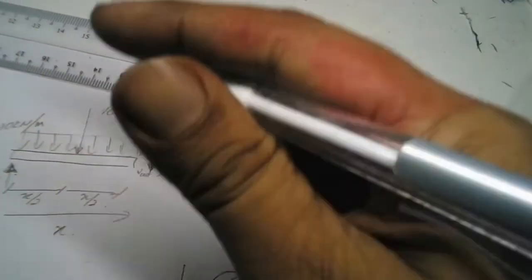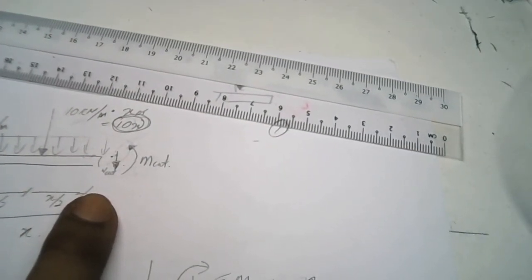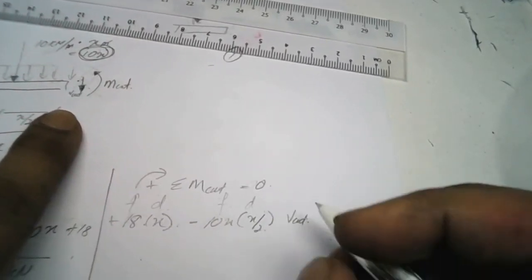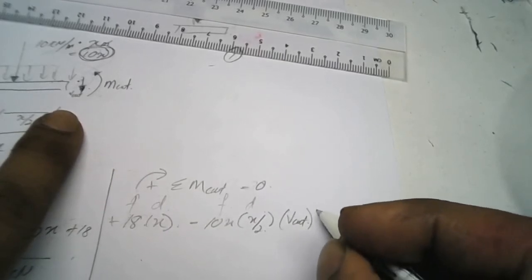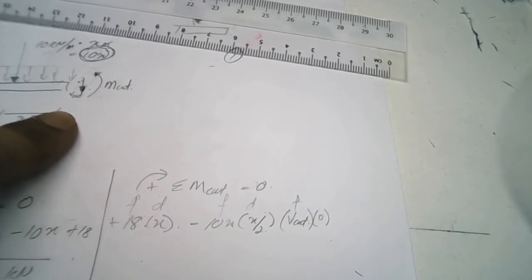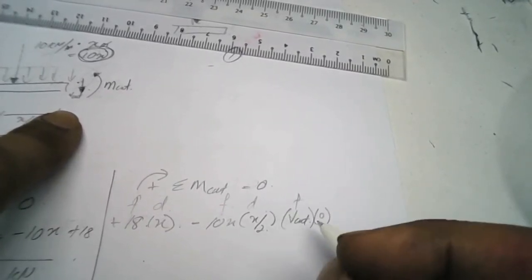All right, at this point for the V cut, we don't know the value, but it will multiply with 0, so it becomes 0.